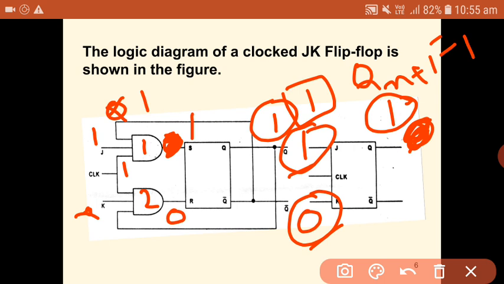That means for J is equal to 1 and K is equal to 0 combination of inputs, the present output Qn+1 will be always equal to 1 irrespective of its previous output.